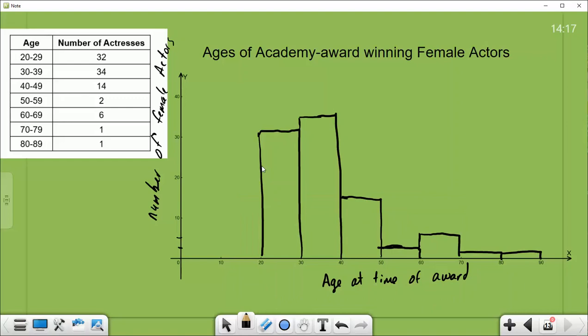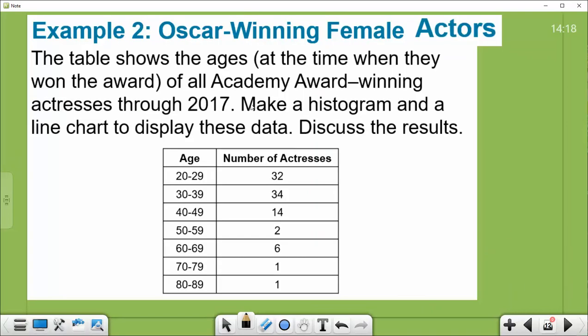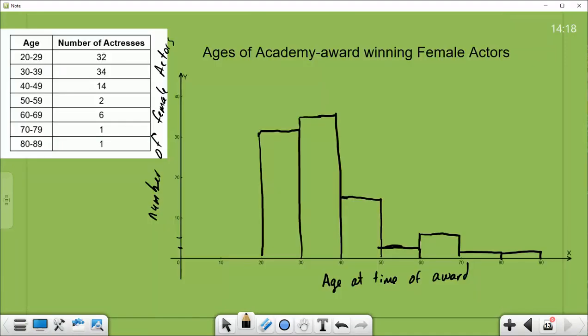And then if we wanted to do the line chart, we see a histogram and a line chart. Okay, so basically you go at the middle of each of them. So from 0 to 10, there's 0. And we've got 32, 34, 14, and you just do it right in the center there. 2, 6, 1, 1, and then 0.